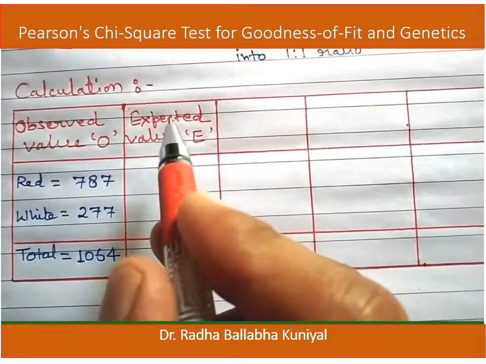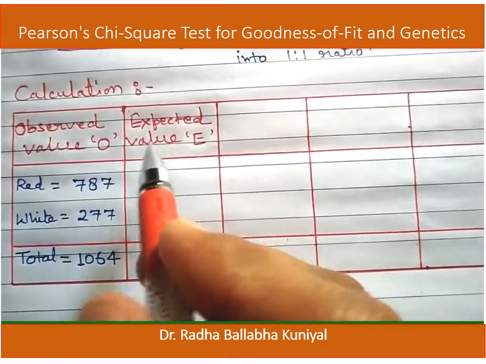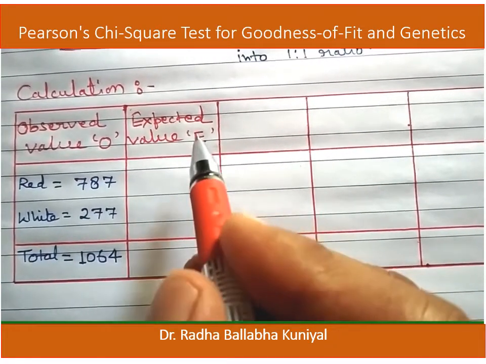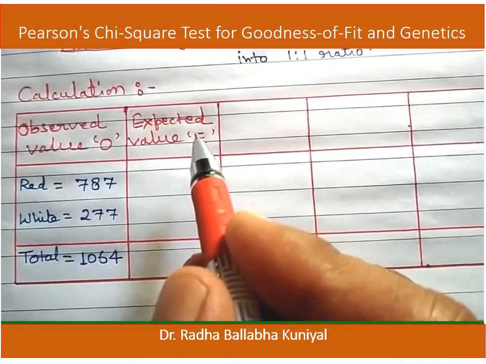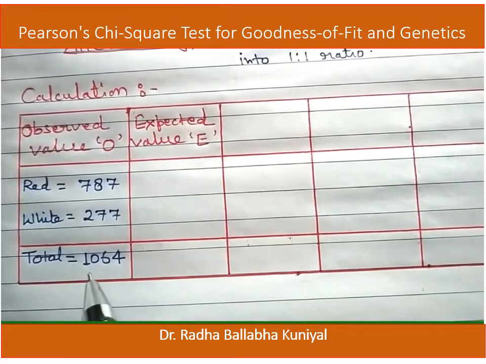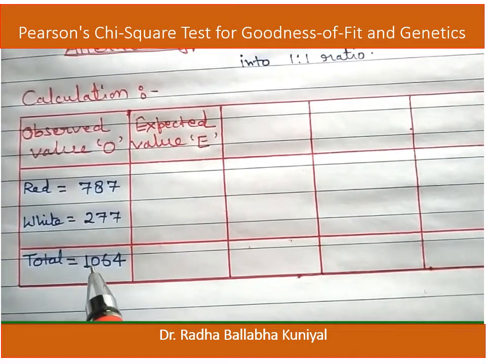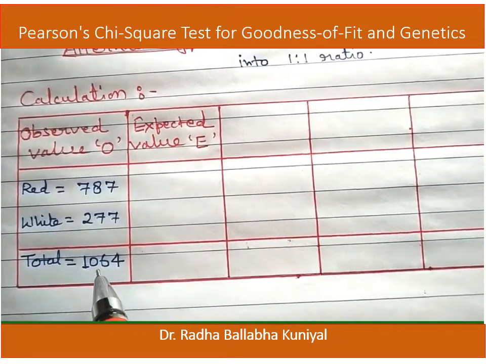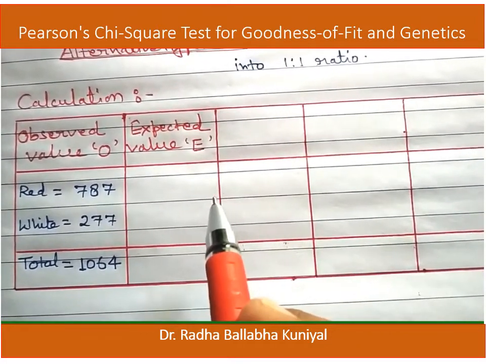Now in the second column we will write the caption expected value E. We have to calculate the expected value from the observed value. To calculate the expected value, first of all we will divide the total number of individuals in the F2 generation, or the total observed value, into a 3:1 ratio.